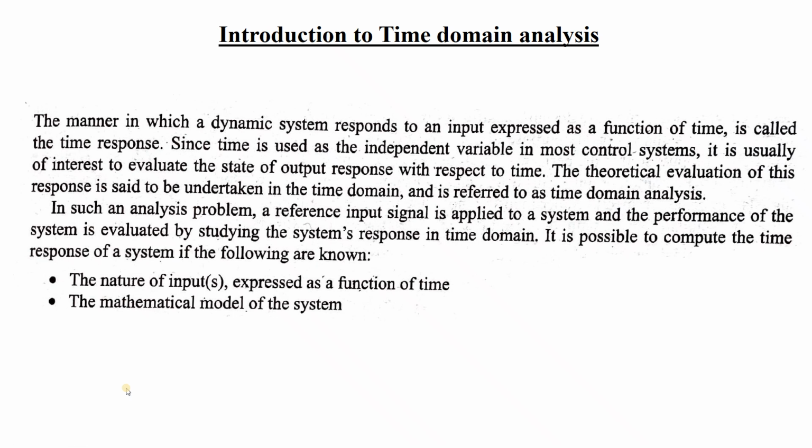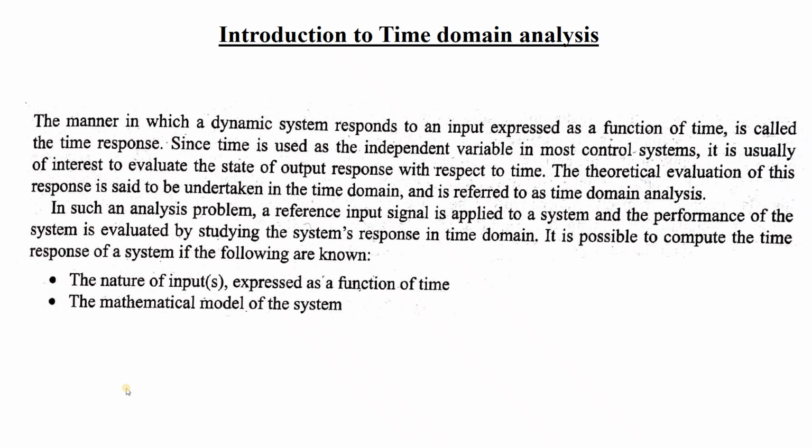Now we have discussed the transfer function so far, that any particular system is represented in terms of S domain. Every control system is represented in a block diagram, and from that block diagram, by using the block reduction technique or Mason gain formula, we determine the overall transfer function of a system.